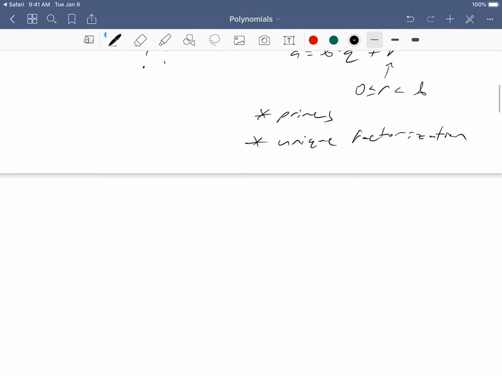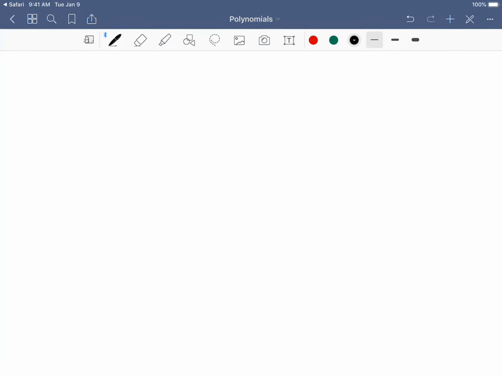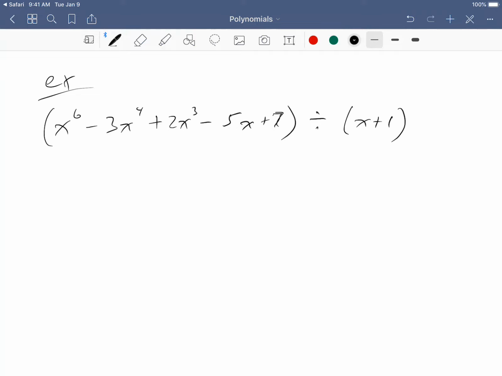All right, so I just want to do one quick reminder of how we divide polynomials. If you remember how to do polynomial long division or synthetic division with polynomials, you can skip ahead. But if you don't, you should be able to catch on pretty quickly. I'm just going to run through one example, and then you can practice a few more.